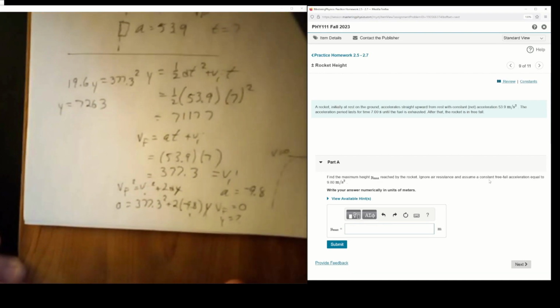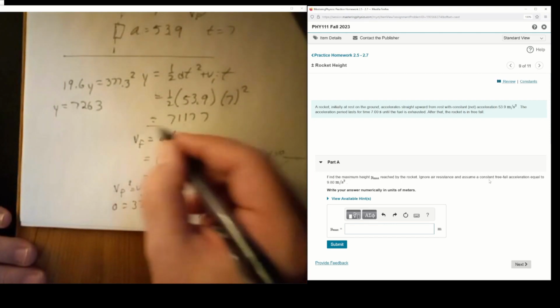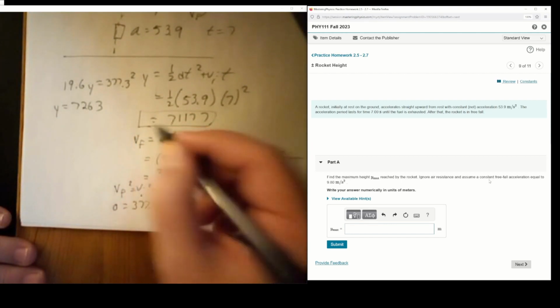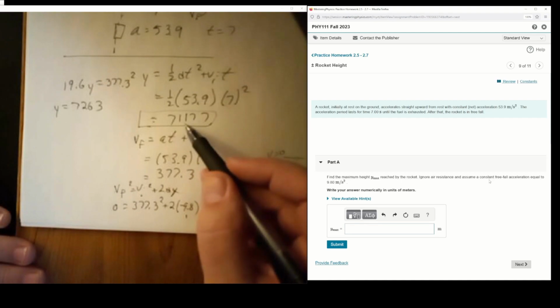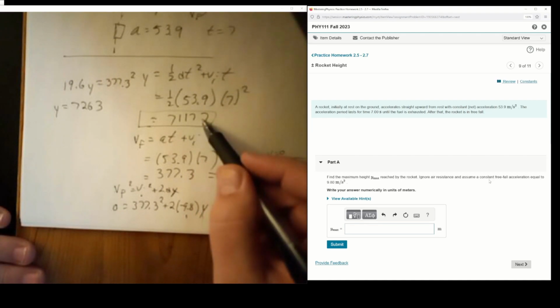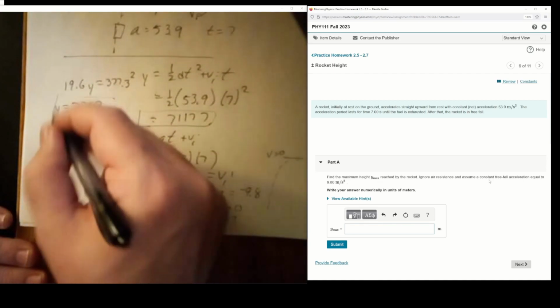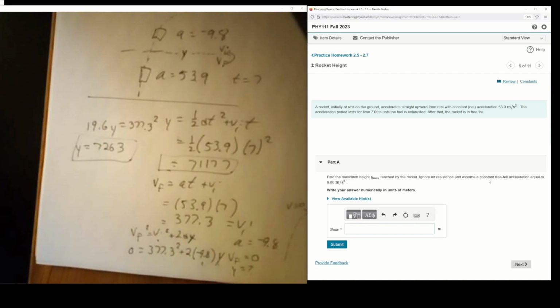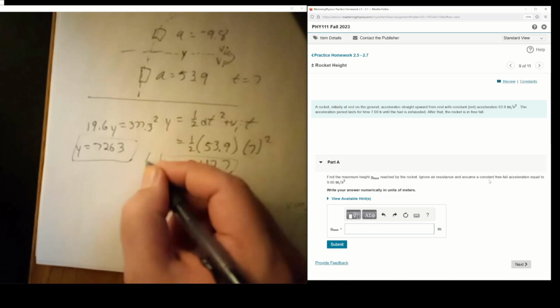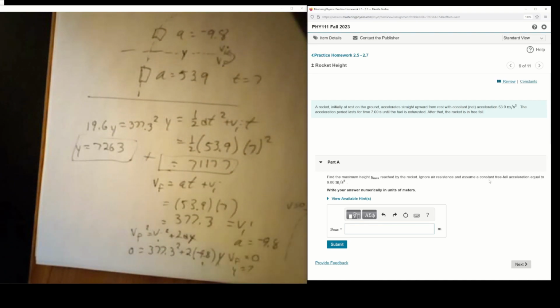So the rocket, with a height of 71,000 when the engines were on, and then when the engines turned off, it went another 7,000 up. So I'm going to add these two together to get the total height the rocket achieved.